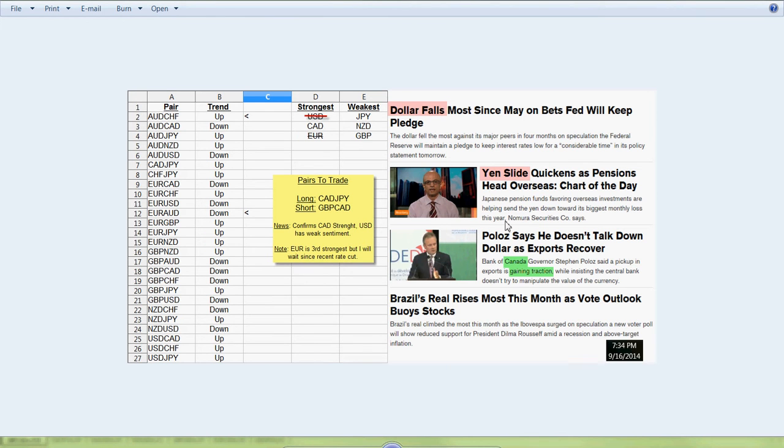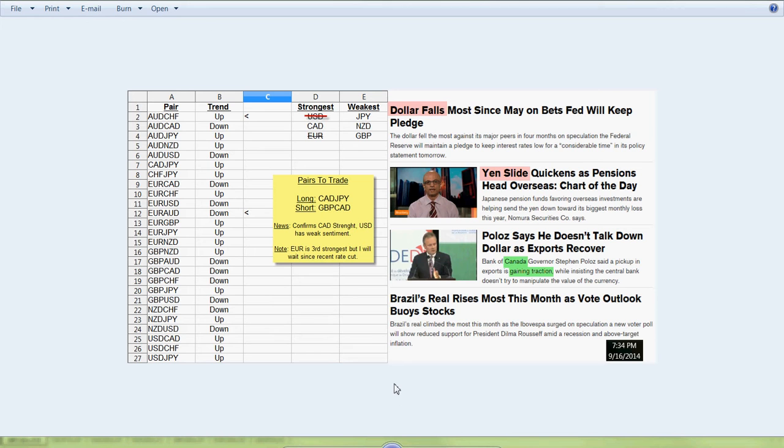Just to give you an update, the dollar falls. That's our sentiment on that. The yen is sliding, which is just weak sentiment coming out on the yen, and positive on the Canadian dollar, which is gaining traction. Those are some of the things that stood out.